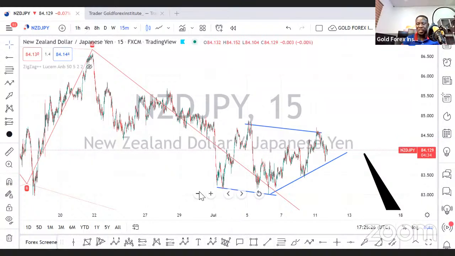So I'm always risking 0.5% per trade. And I'm almost at 10% in less than 2 weeks. So you don't need plenty trades to actually be profitable in the market. You need quality trades. And that is the secret of being successful here.